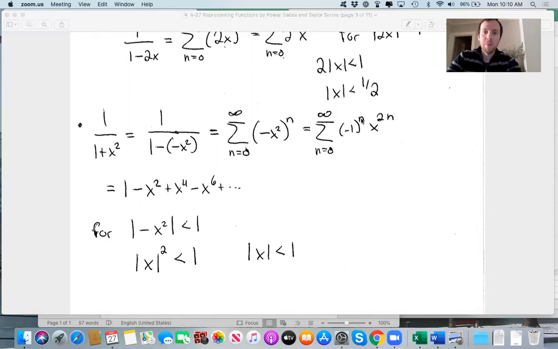So this series, (minus 1)^n times x^(2n), represents this function. We again have to check where the series and the function match up by taking what's being raised to the nth power, and that has absolute value less than 1. And killing the minus sign and taking the square root, we get that it also converges with absolute value of x less than 1.